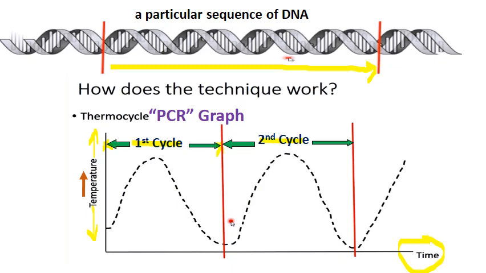The first cycle started from this starting point and ended at the red line, and the second started at the end of the first and ended at the third one.